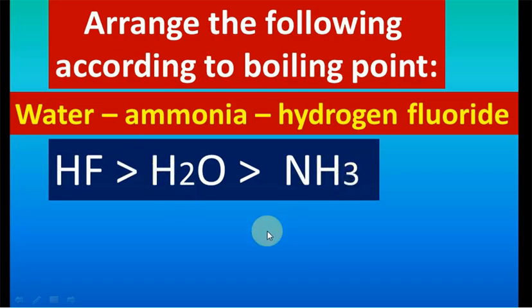I want to calculate the difference. Fluorine's electronegativity is 4, so 4 minus 2.1 will be higher than 3.5 of oxygen minus 2.1 of hydrogen. That will be higher than the difference between 3, the electronegativity of nitrogen, and H, 2.1.